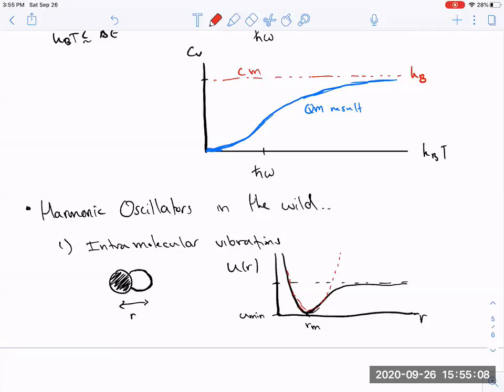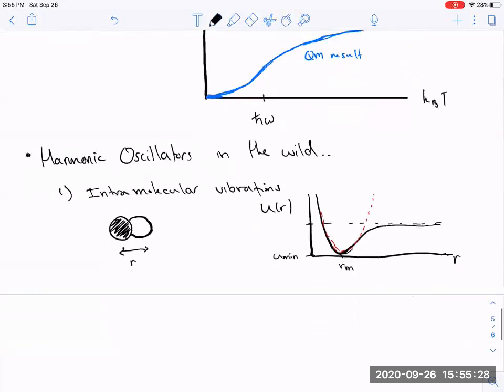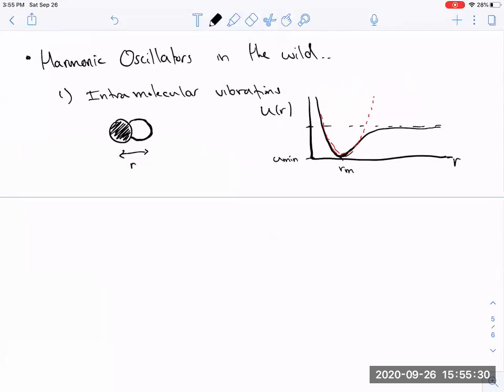So if I look at fluctuations that are small relative to that, see excursions only small distances away from that minimum energy configuration, it is probably a reasonable approximation to say that that potential is locally harmonic.